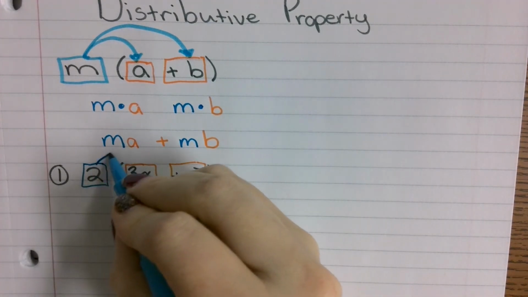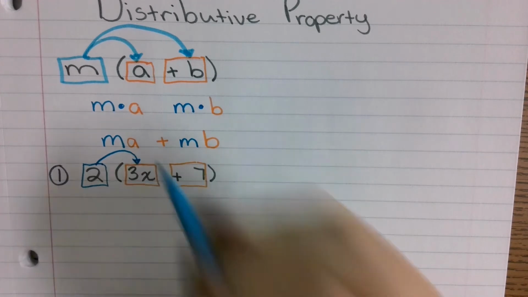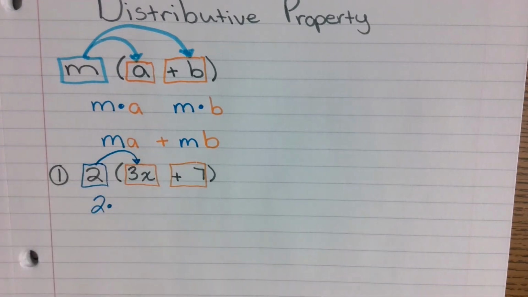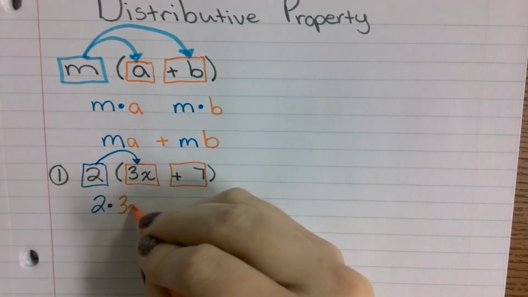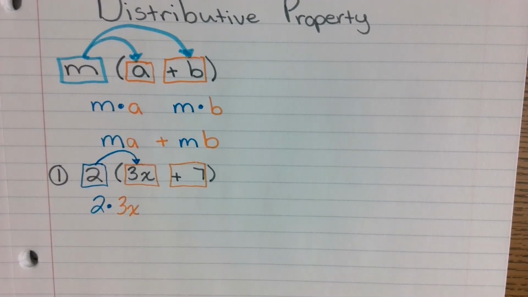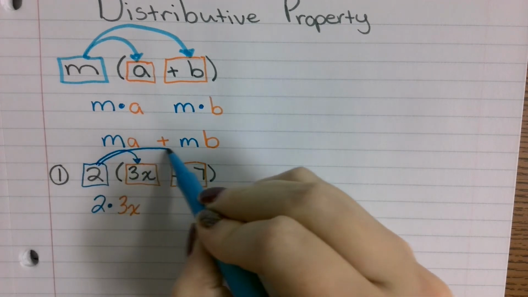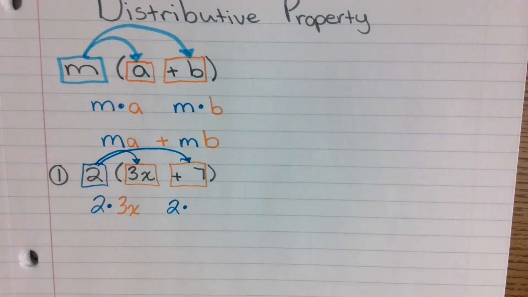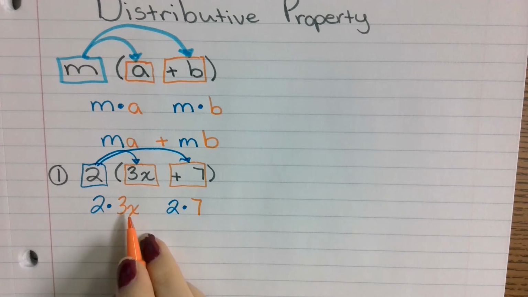So that's 2 times 3x and that's going to be 2 times 7.